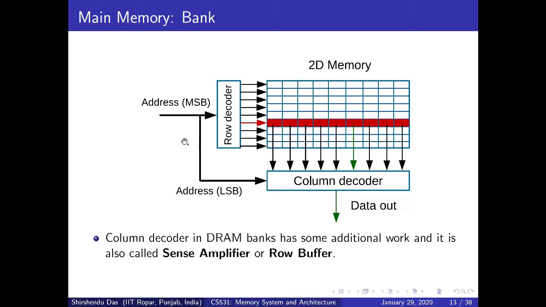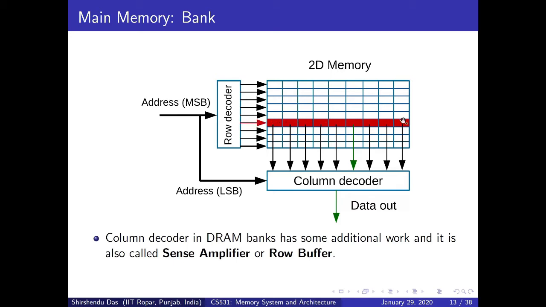Now suppose I want to read the content of this column, that is row number 6 and column number 1. So how to do this? First of all, a row address will be sent to this row decoder, and the row decoder will decode this row address, and only this signal will be activated.